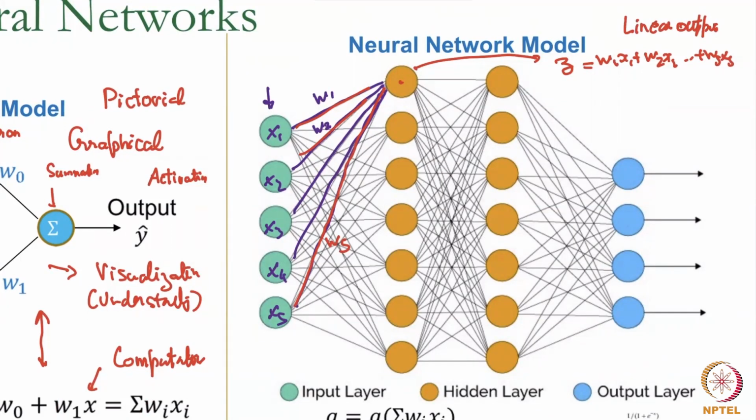Now that looks like a very simple model. Now I could similarly say something like this. And let's call this z2. Now you have another weight, so I'll call it something else. Let's say q1 x1 plus q2 x2 up till q5 x5. That would be the output of this neuron.